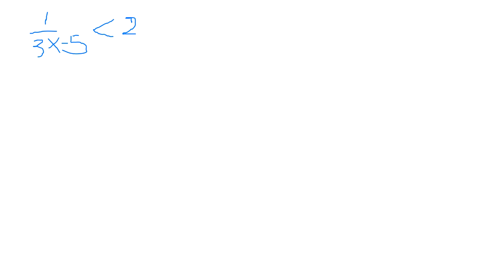Now, with this inequality, most of you will be tempted to do lazy work. And when I say lazy work, what do I mean? You will be tempted to cross multiply. As I told you, the golden rule: never cross multiply. Am I clear?